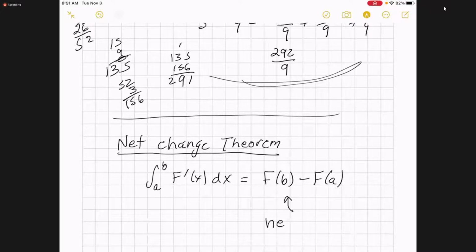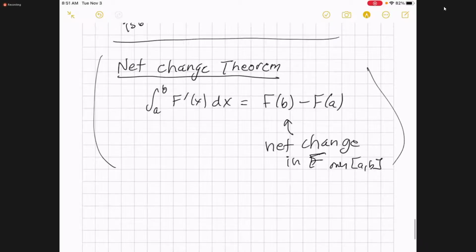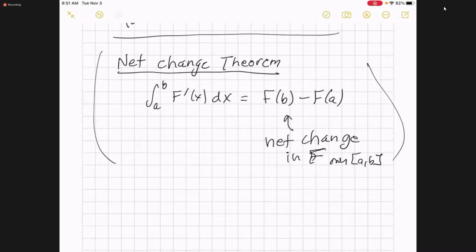This is what you call your net change in f over the interval a, b. We're going to apply this to a couple of problems tomorrow, but I think that's enough for today.